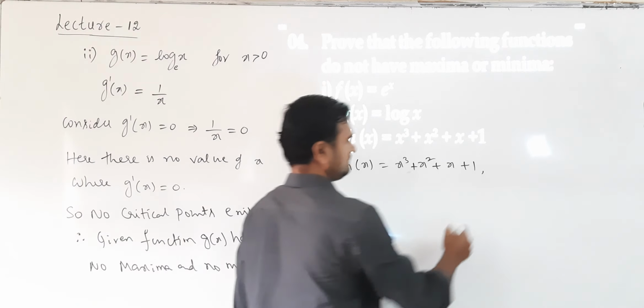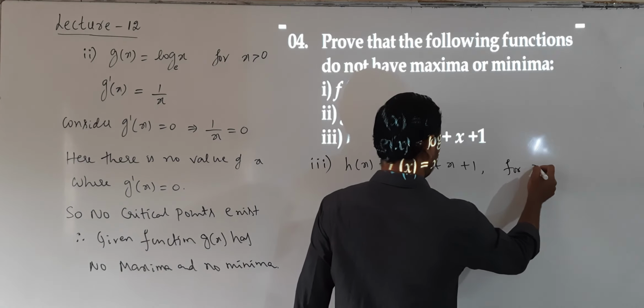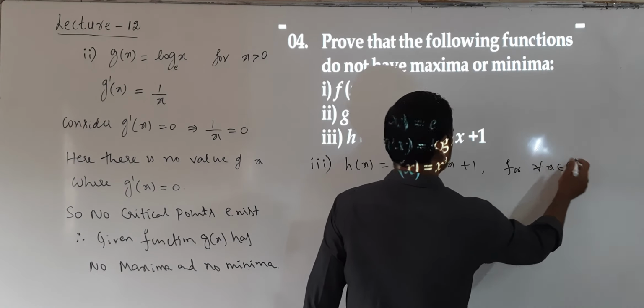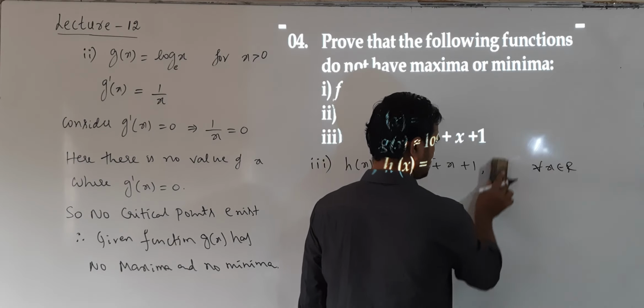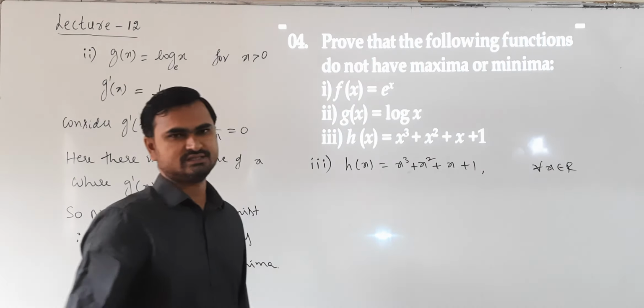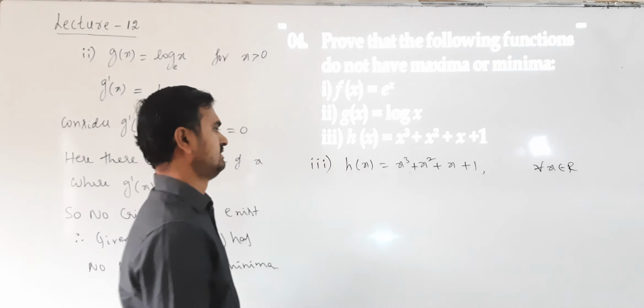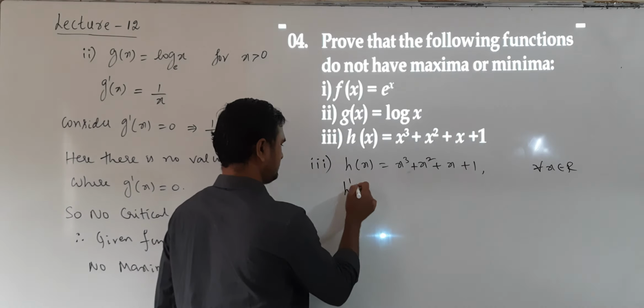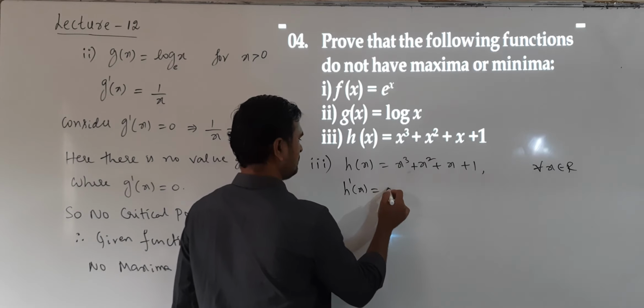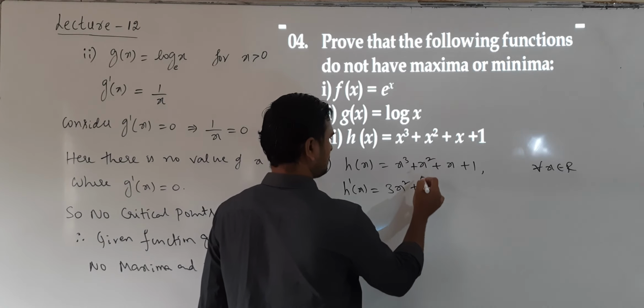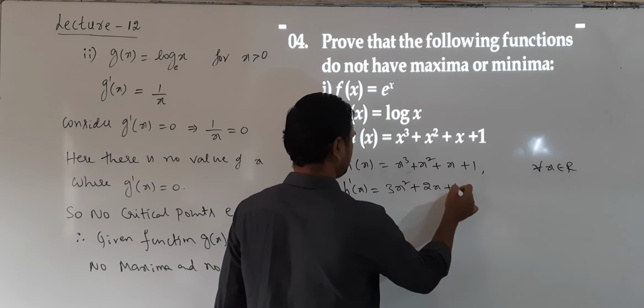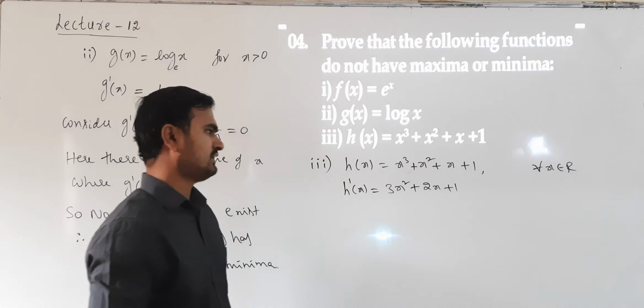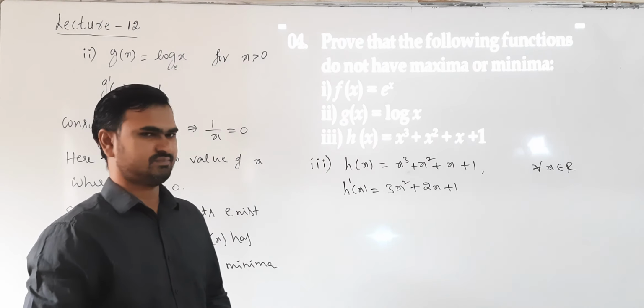It is a polynomial. A polynomial function is defined for all x belonging to real numbers. So for all real numbers, the function is defined here. Now what about h dash x here? The derivative is 3x square plus 2x plus 1.